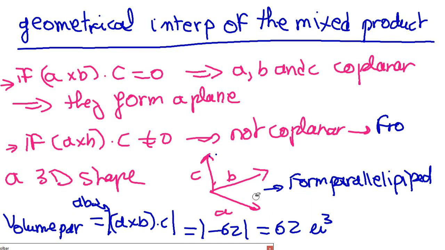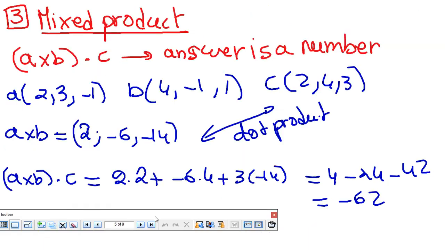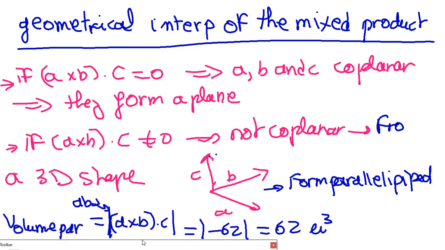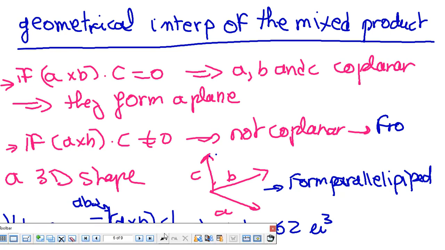The volume is equal to the absolute value of the mixed product A vector B dot C. I already did it here, and the answer was minus 62. So the volume of this parallelepiped is 62 unit cubed.